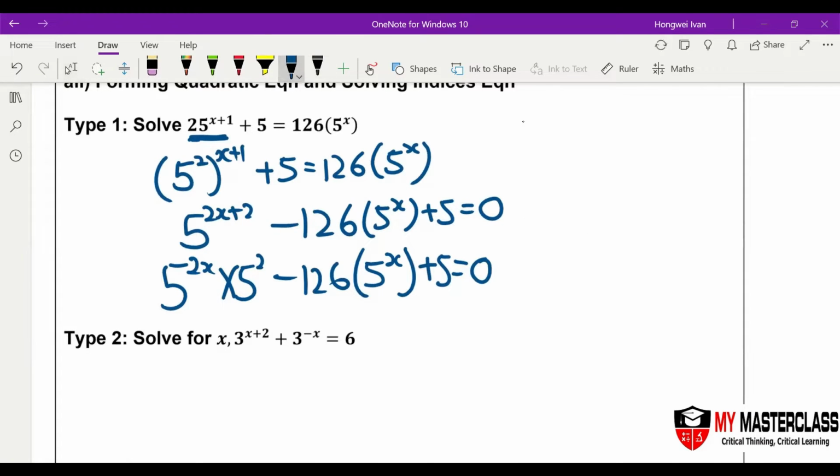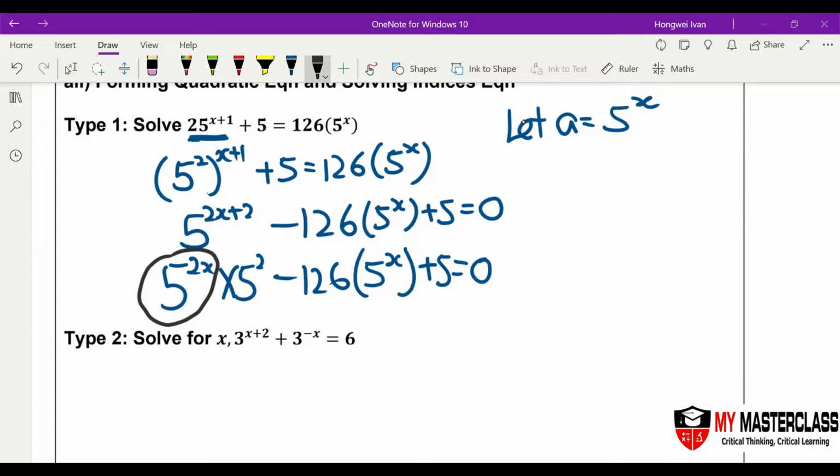Whenever you see 3 terms, those of you who have been around long enough, you must know that 3 terms confirm come out as quadratic. Let a be equal to 5 to the power of x. If a is equal to 5 to the power of x, Janessa, 5 to the power of 2x is what? 2a or a squared?